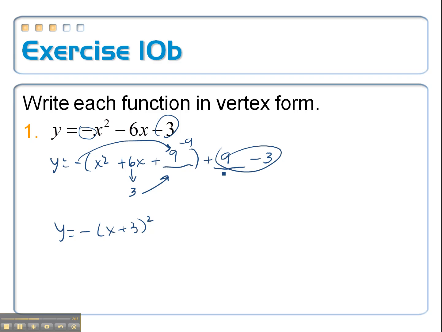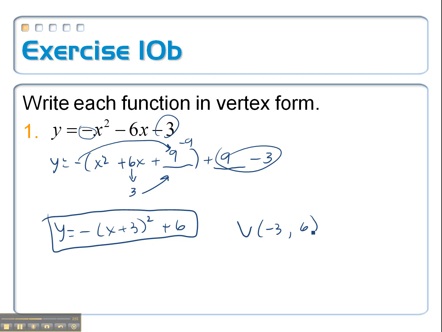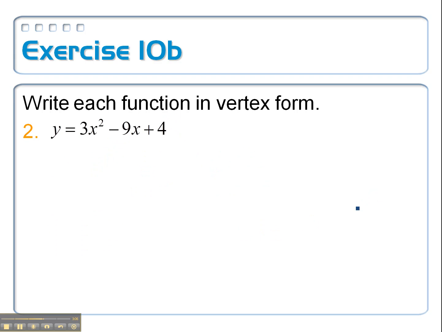And when I combine these two constants, I get plus 6. So there's my equation in vertex form. And my vertex is negative 3, comma 6. The negative that's out front just means that when I go to graph the thing, it makes a mustache instead of a beard. Let's try one more.